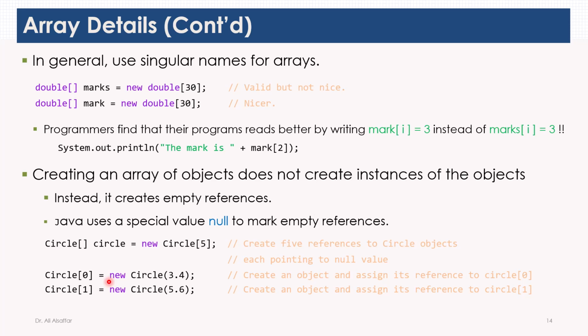In this case, the system will create an object of circle. The radius is 3.4 and its address is assigned to the first element of the array. And for the second line, it will create an object of type circle. The initial radius is 5.6 and its address is assigned to the reference circle 1. So the index variables of the array are in fact pointing to objects. And when you create an array of objects, in fact you are creating an array of empty references.